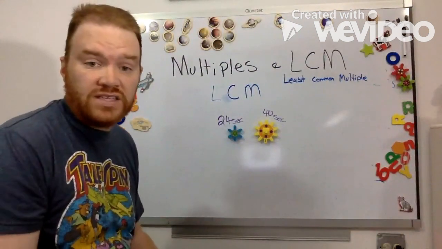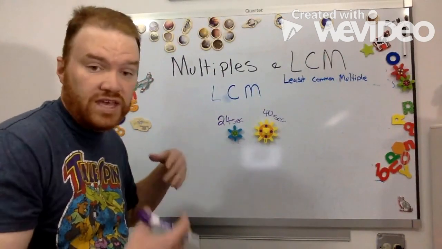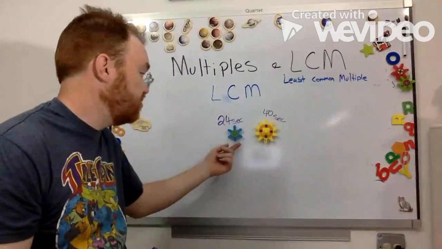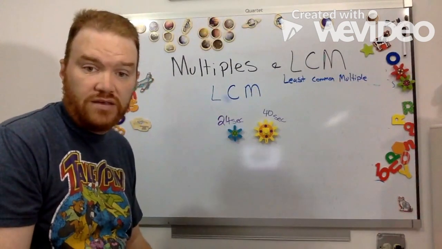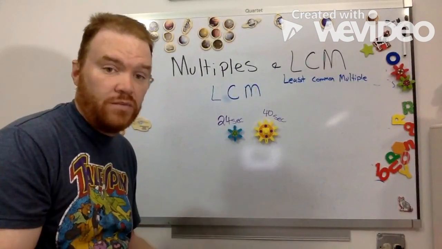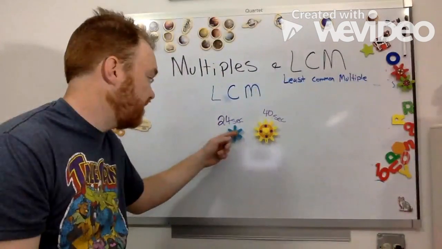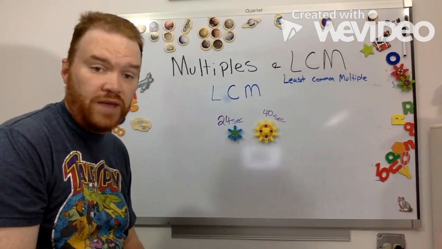Well, we need to find the least common multiple, because that's going to tell us when we're going to get to this exact point again. So at what point do we have a common multiple? At what point do we have the common point where these two will meet at the bottom again?